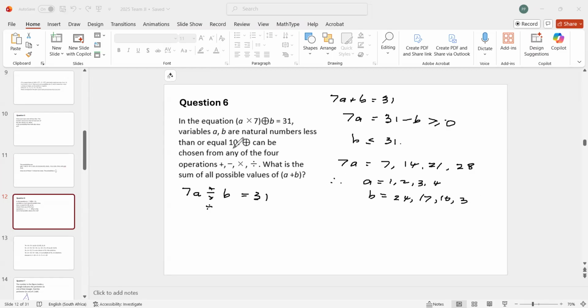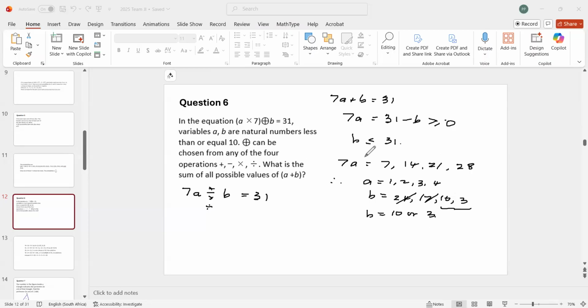But B is less than or equal to 10. So that is what I was getting a little bit confused about. I forgot that. So this is allowed. B is less than or equal to 10. So B equals 10 or 3.